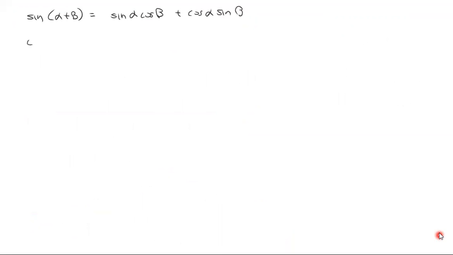And we've worked out cosine of alpha plus beta equals cos alpha cos beta minus sine alpha sine beta. And we've got the negative versions too, but I'll just write these 2 for the moment. So we've got sine and cos. Is there anything we don't have? Yeah, we don't have tan.